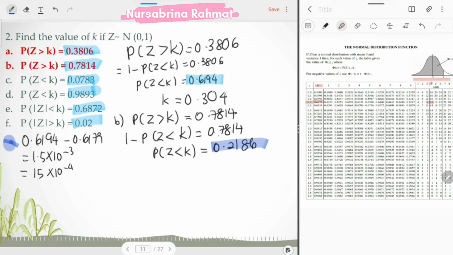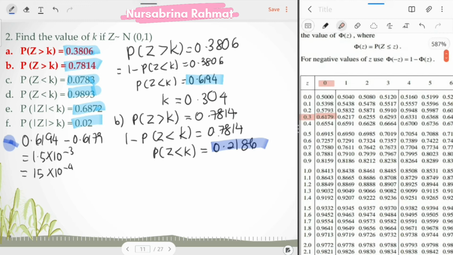If you are referring to the normal distribution table on the right, the smallest value is 0.5. So that means this k value is a negative number.